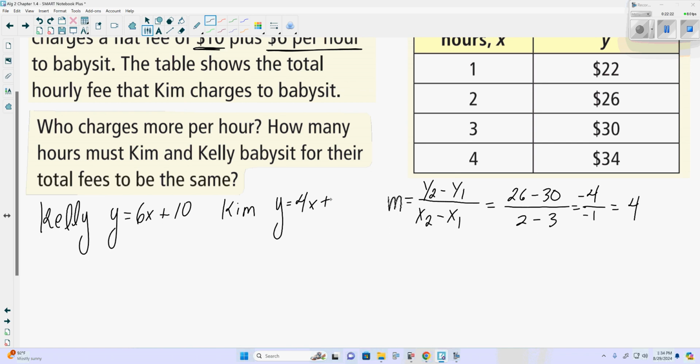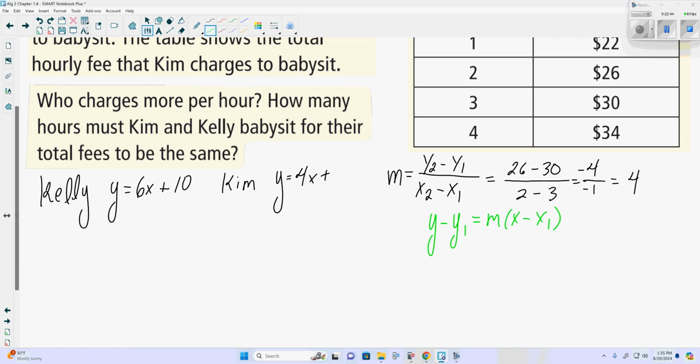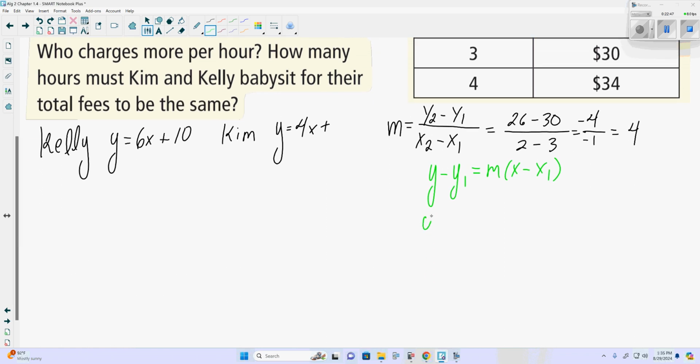But we still need to figure out the y-intercept, the starting amount. And the way we can do that is by taking one of the points from the table and using point slope form to find it. Well, I'll use 4, 34.